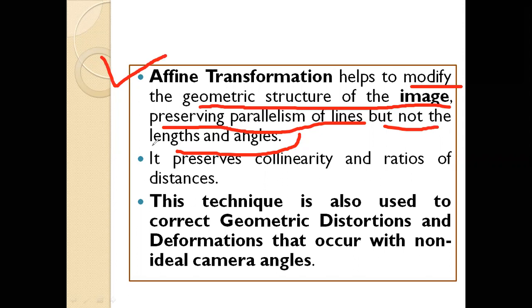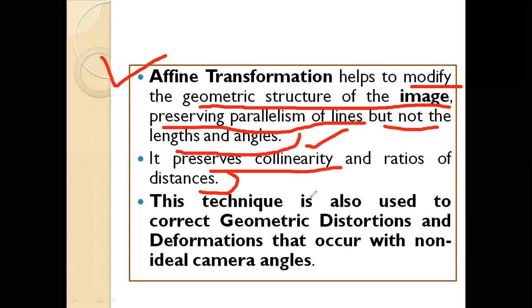It preserves collinearity and ratios of distances. So note down that while performing affine transformation, or you can say translation, we are preserving parallelism, but we are not maintaining the length and angle. In that sense, we are preserving collinearity and ratios of distance.